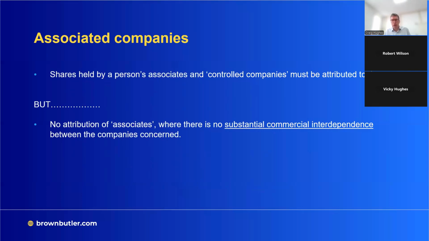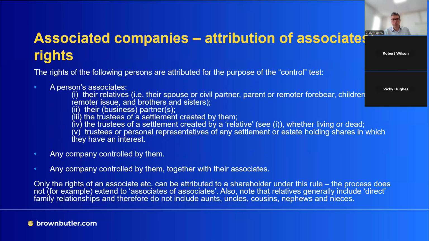I'll come on to just explain what that actually means. So if there is no substantial commercial interdependence, then we don't have to worry about associates' shareholdings.